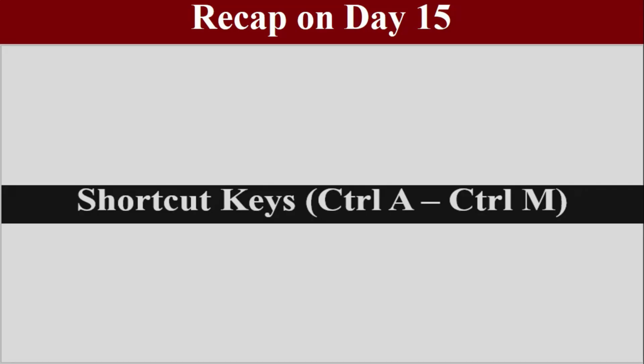Control E is used to align text to the center. Control F is used to find a particular text or sentence in the entire document. Control G will allow us to go to a particular point or word in our whole document. Control H is used to replace a particular text or word in the whole document.